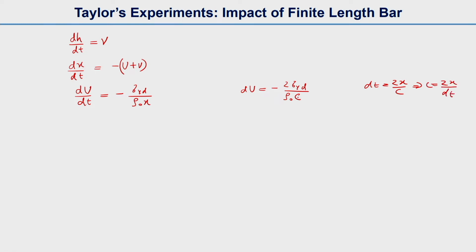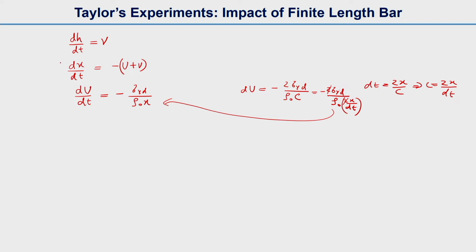So if we replace this, we get twice sigma yd divided by rho naught twice x dt, and from here we can cancel out the 2, and then finally we end up with this relation.